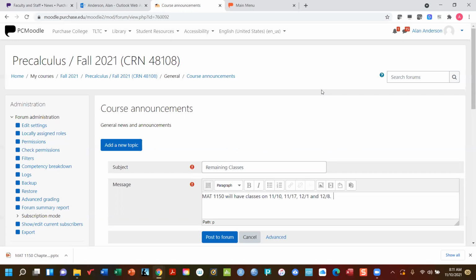There will be no class on 11/24 because of Thanksgiving.